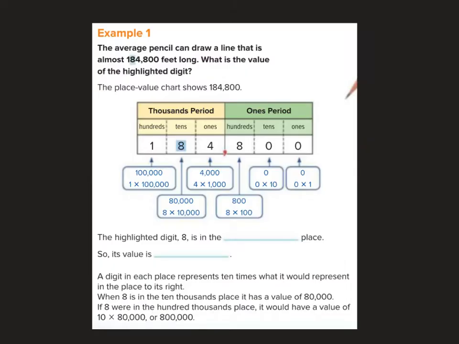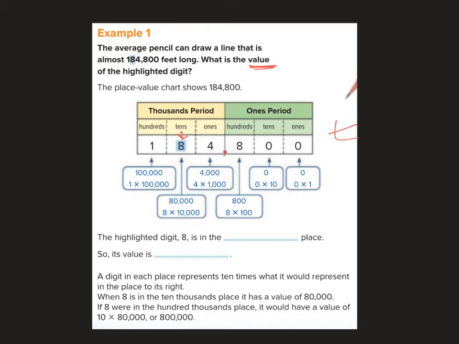All right, so our first example uses the same thing we just talked about here. It says the average pencil can draw a line that is almost 184,800 feet long. Whoa, that's crazy. What is the value of the highlighted digit? So when it says what is the value, it means how much is that number worth when it's in that place, okay?